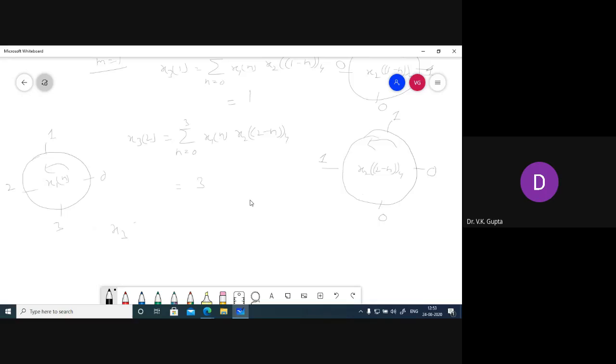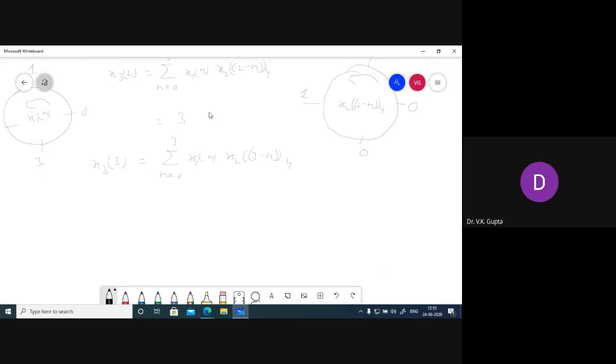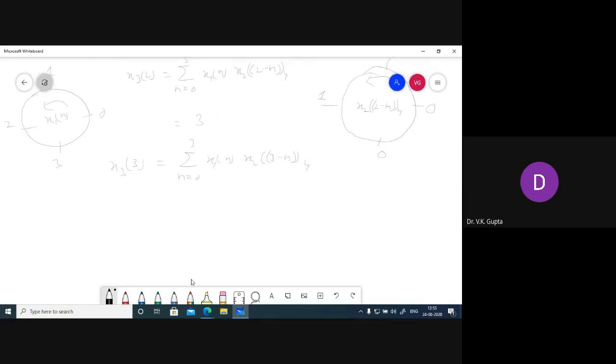What is the value of x3(3)? Sigma n equal to 0 to 3, x1(n) x2((3 minus n) modulo 4), means this is again shifted by 1 unit. So let us shift it again by 1 unit. Then this 1 comes to here, this 1 comes to here, this is 0, this is 0.